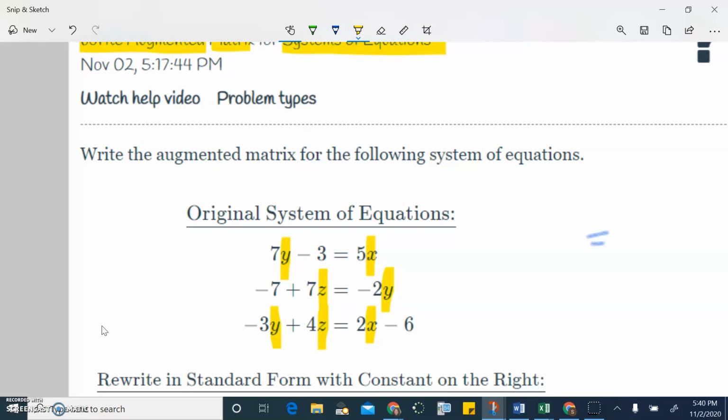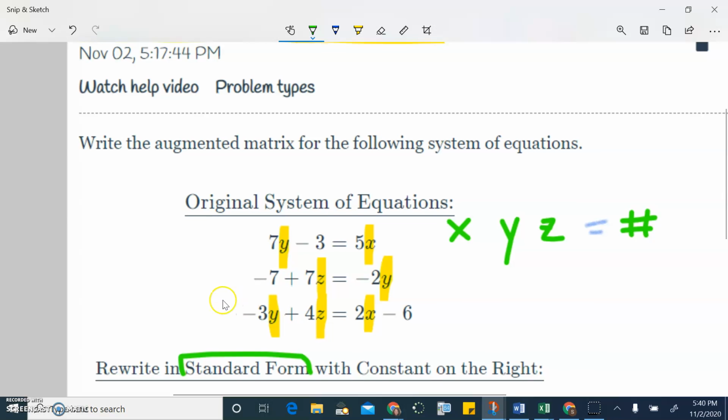I want X on this side, Y on this side, and Z on this side, and then I want numbers on the right. So I want to take all three of these equations and move them around so they're in the right order.